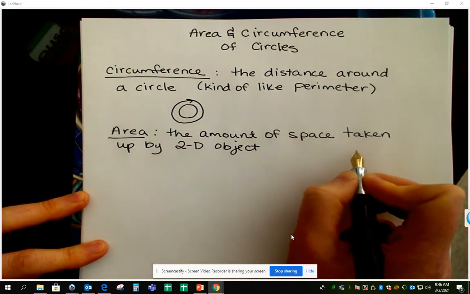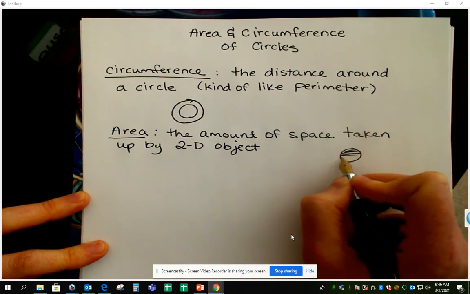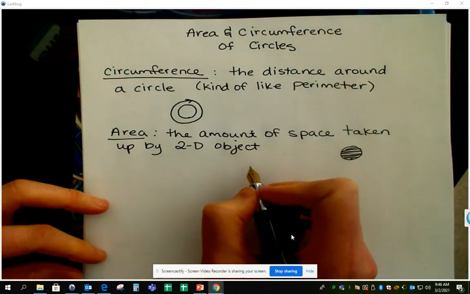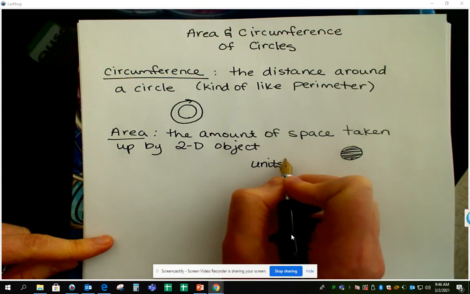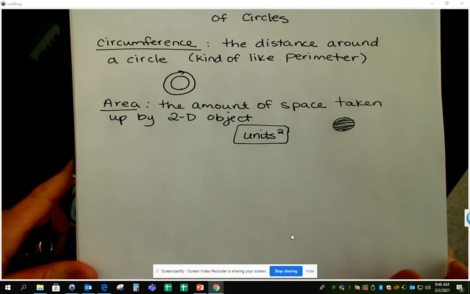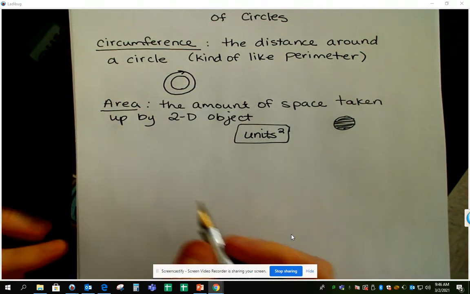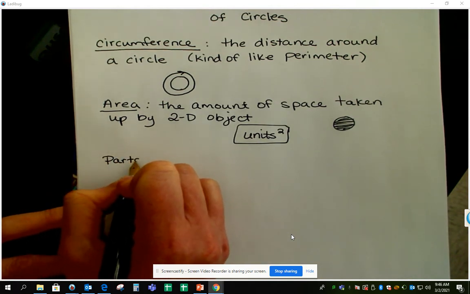So think if you had your circle and you wanted to color it in or paint it, that area that you have to fill in is what we're talking about there. And remember, when we do area, our units are going to be squared. Just a reminder. Okay, circumference will be regular units. Area is units squared. So let's begin with identifying some parts of a circle.